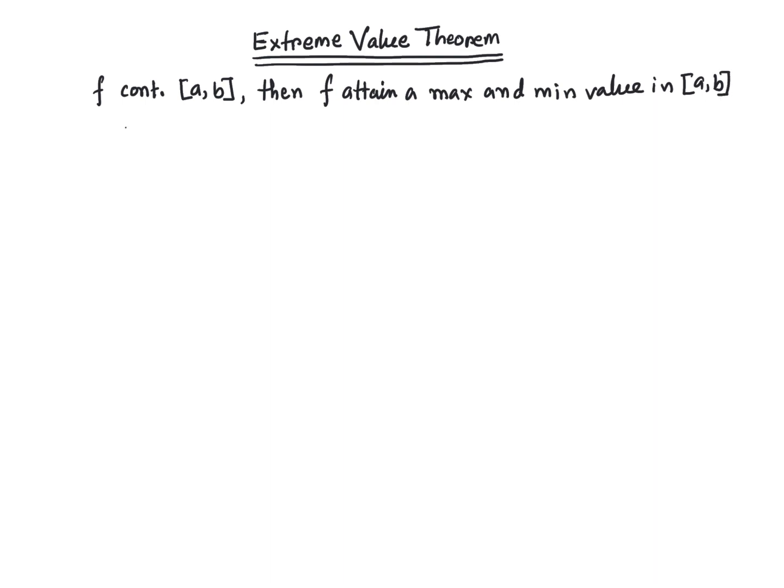That means that there is a point c, an element of the closed interval [a, b], such that f of c is the absolute maximum or global maximum on that interval.